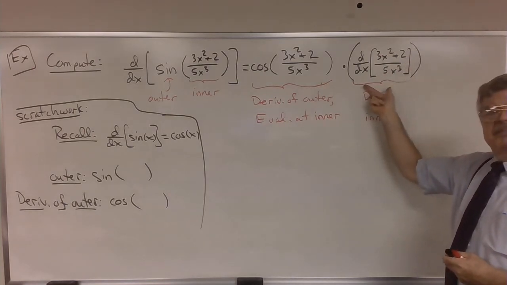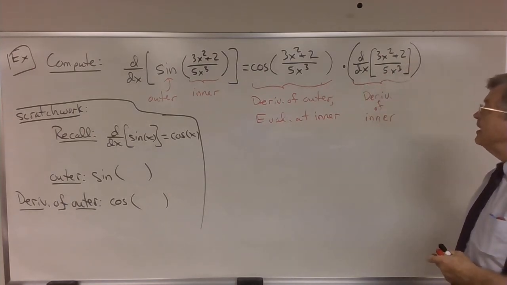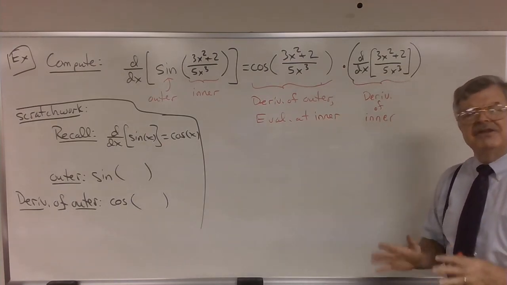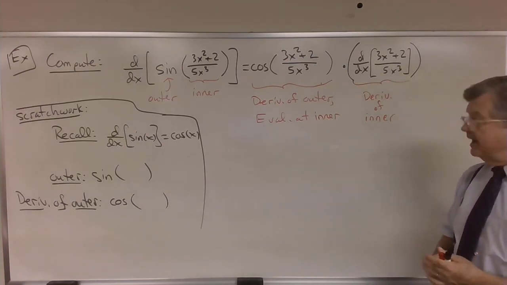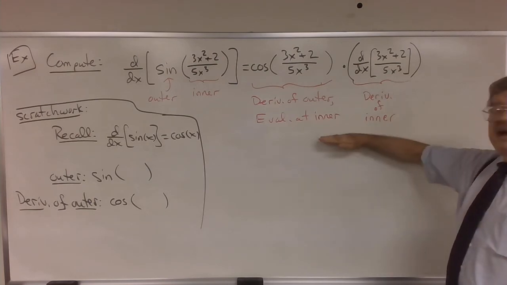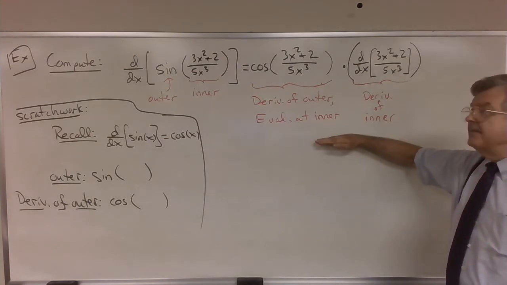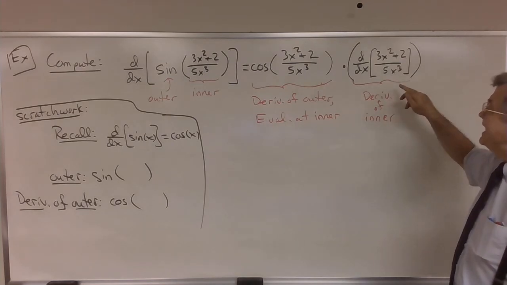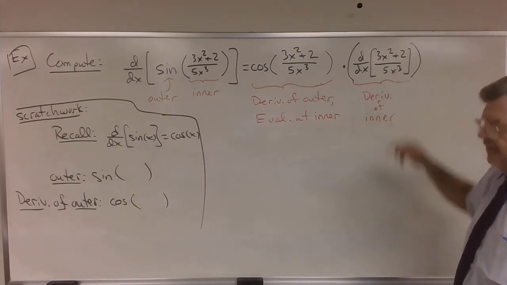We just haven't computed it explicitly. But I'm going to wait until the next step before I actually compute this thing explicitly, because I hate to use more than one rule at a time. Well, I just finished using the chain rule. So now on the next step, I can compute this thing.